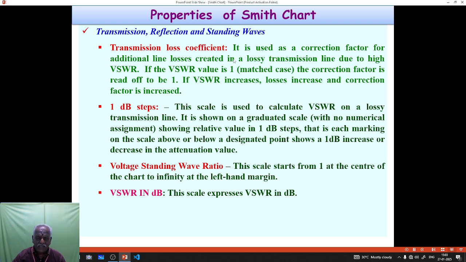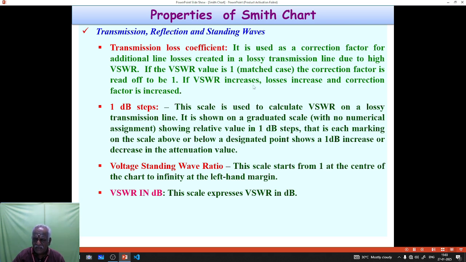Some more properties are there that we are discussing here. Transmission loss coefficient is used as a correction factor for additional line losses created in a lossy transmission line due to high VSWR. If the VSWR value is 1, the matched case, the correction factor is 1.